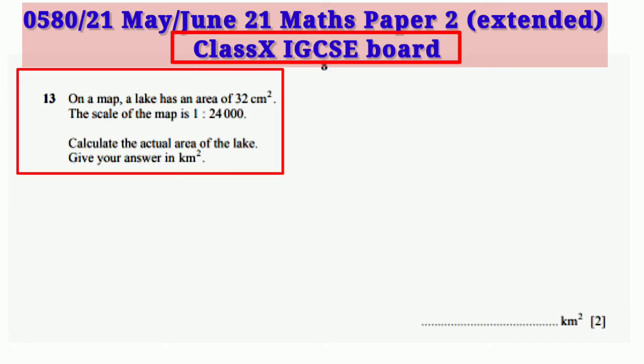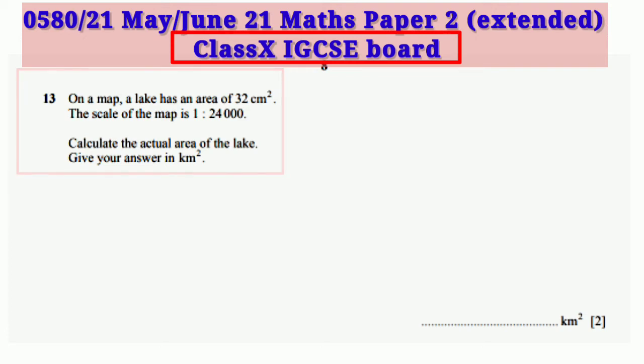13th question. On a map, a lake has an area of 32 cm². The scale of the map is 1:24,000. Calculate the actual area of the lake. Give your answer in km². A couple of things to be kept in mind: the map is 1:24,000. That means if it is 1 on the map, the actual size is 24,000 more.